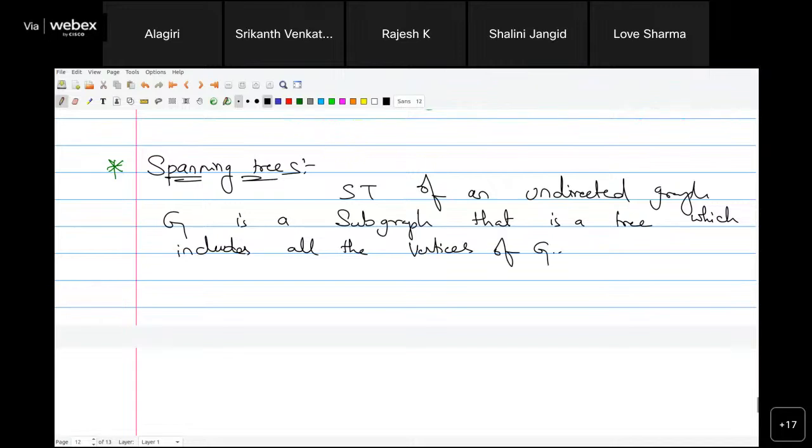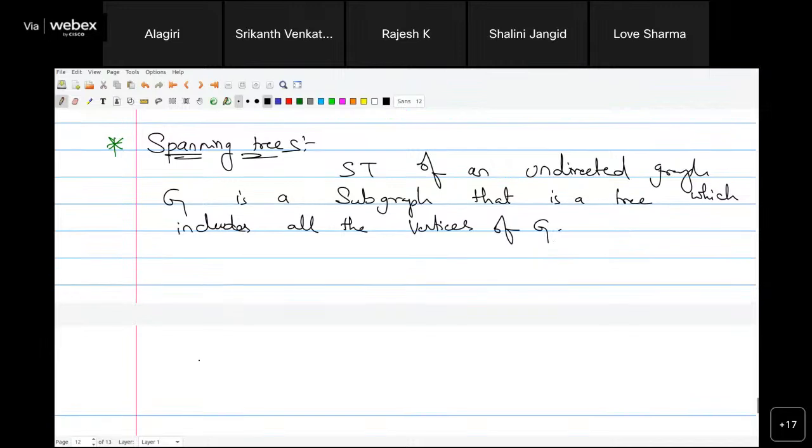So understand this. Subgraph meaning I will have a few edges out of the big graph G. I will remove a few edges and make it a tree. So I just said what tree means.